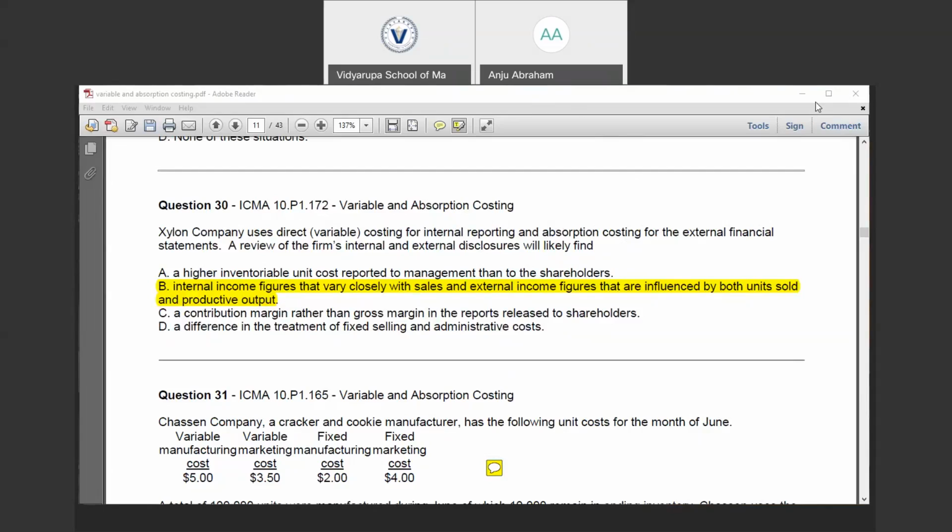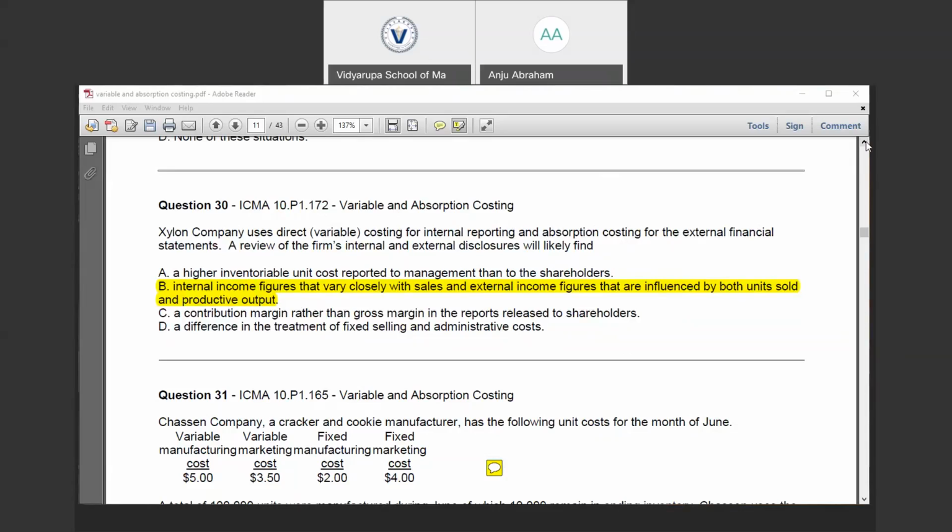So is it clear? Okay, that's all for the questions for today's session. So we are done with questions from absorption costing and variable costing. This is a prime important area in the examination purview. You need to be very thorough with the variable costing and absorption costing systems. So we have discussed different pattern questions from this field.